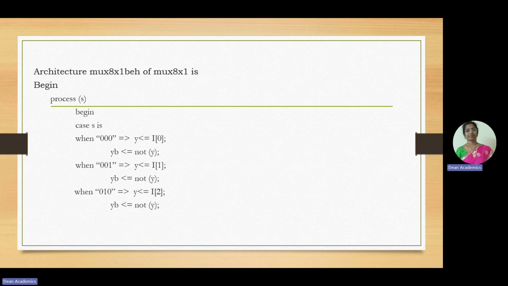Here I would like to mention only the select lines, because whenever there is a change in select lines, then only there will be a change in the output. A process statement is always followed by a sensitivity list.